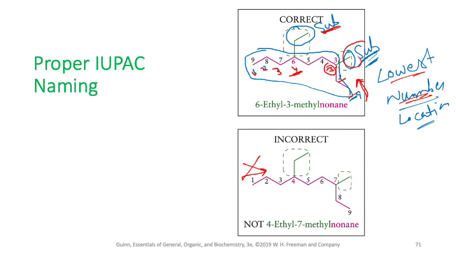Then what should be the name? Then we normally name the substituents alphabetically. Right, so whichever substituent name comes first alphabetically, we write that name first. So let's write the first substituent over here that has one carbon.